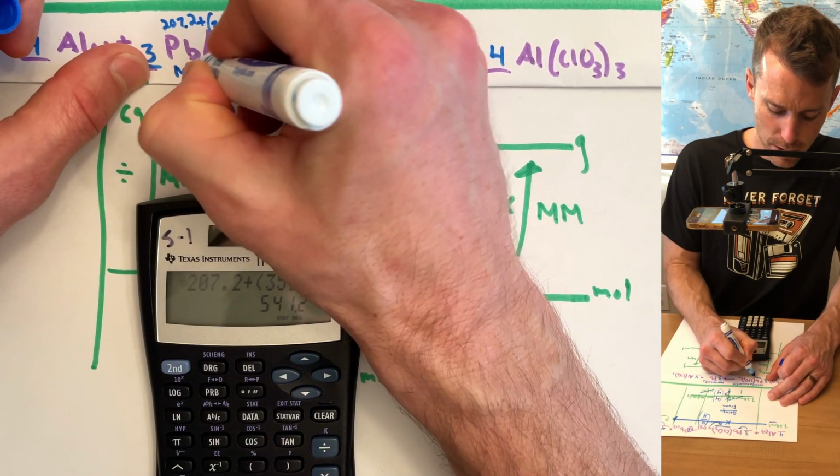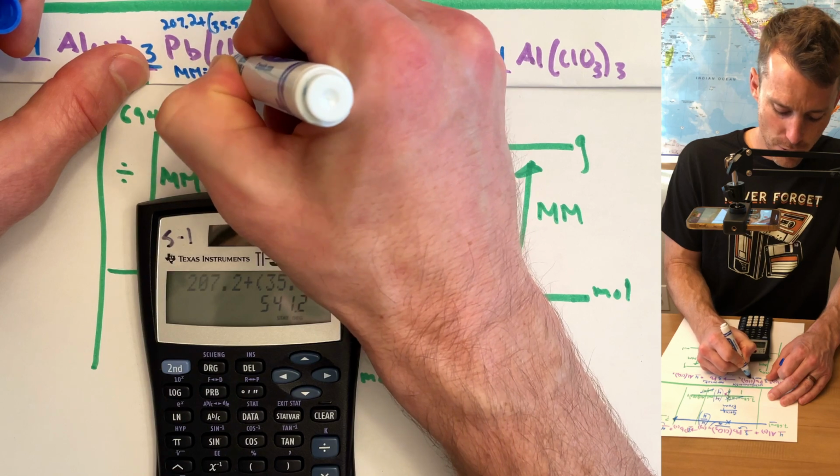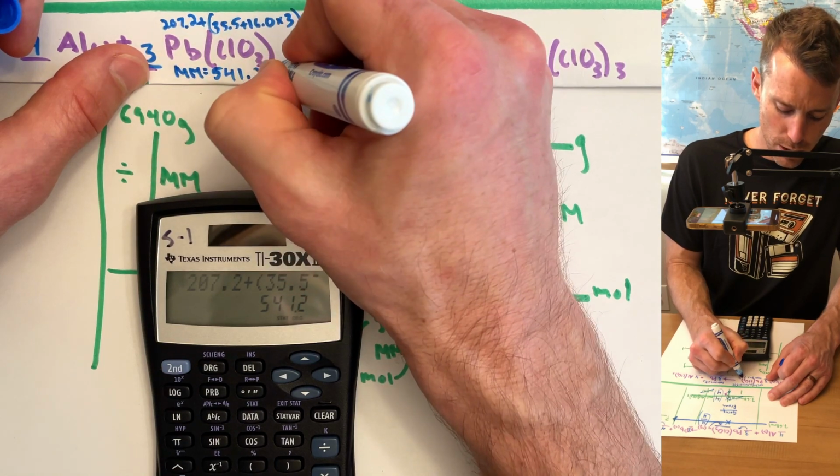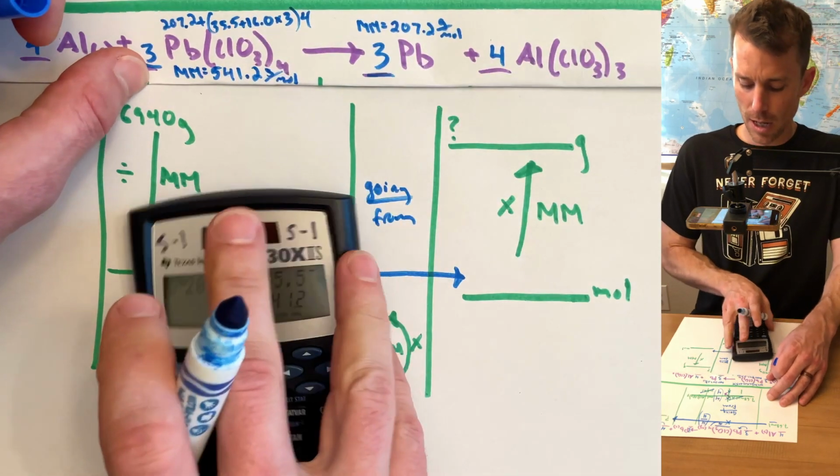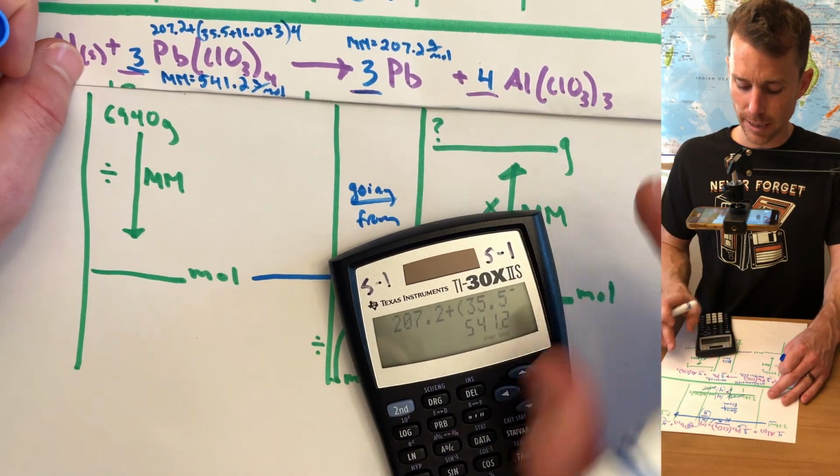So molar mass, 541.2 grams per mole. And then this one right over here, we're looking at our lead chlorate.